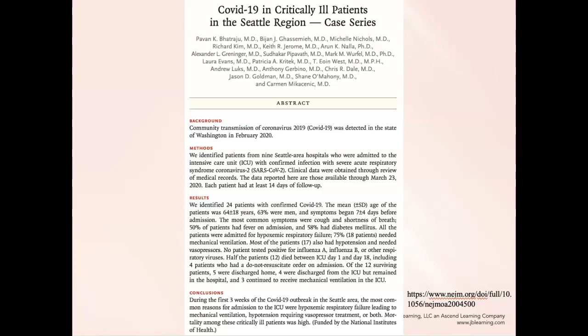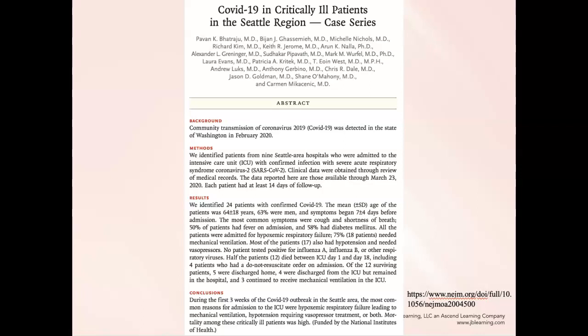The authors identified patients from different Seattle area hospitals who were admitted to the ICU with confirmed COVID infections, obtained clinical data through their medical records, and published this information on patients.